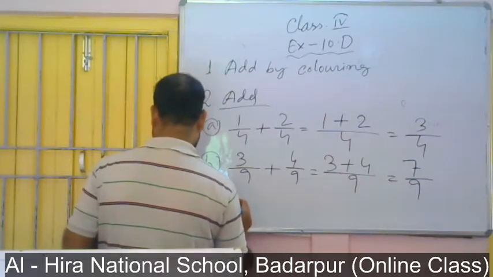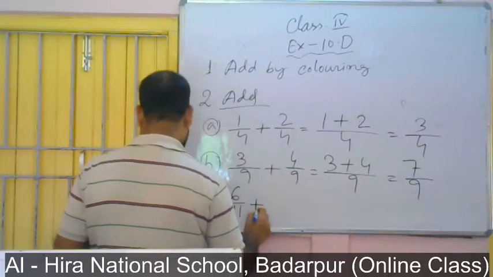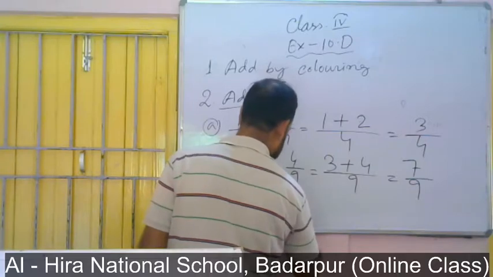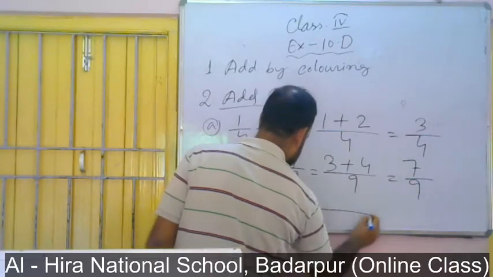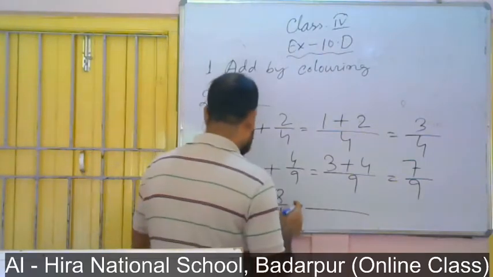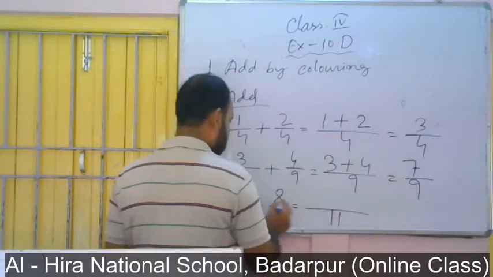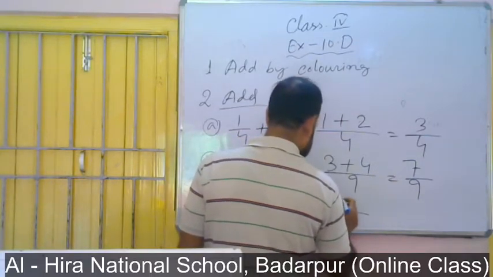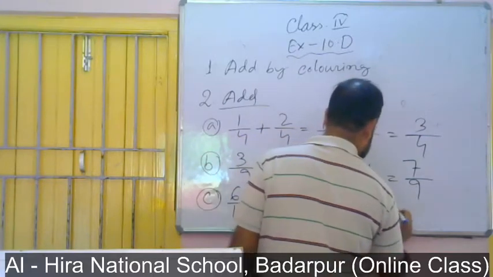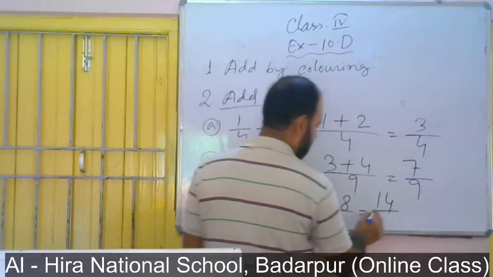Next, question number C: 6 by 11 plus 8 by 11. Same as before, we take one common denominator, 11, and 6 plus 8. 6 plus 8 is equal to 14 by 11.